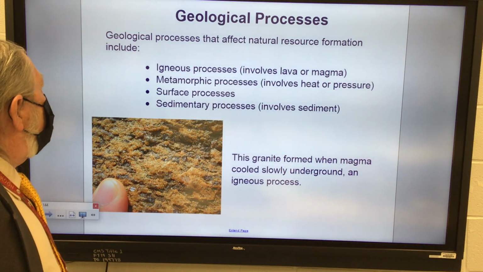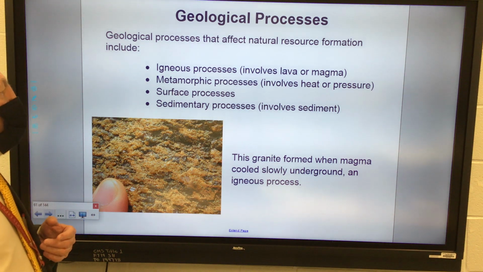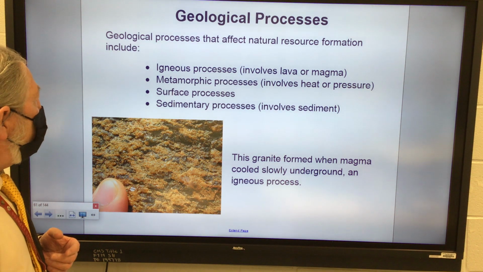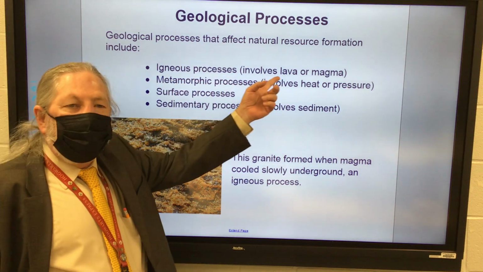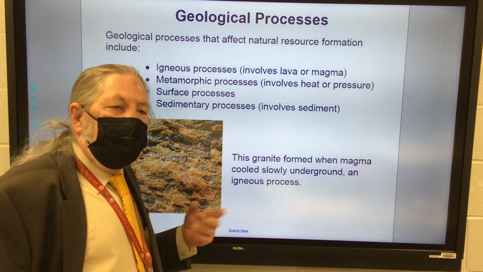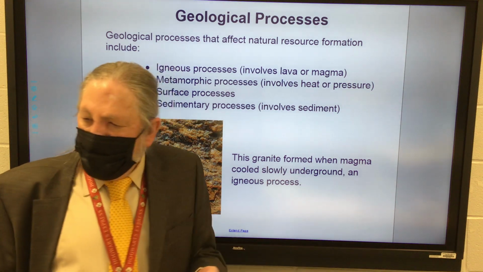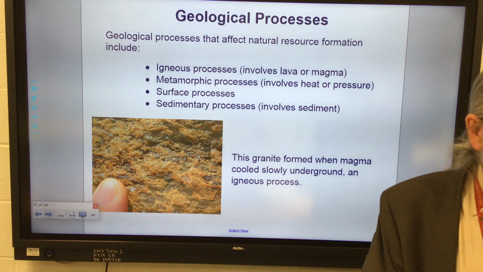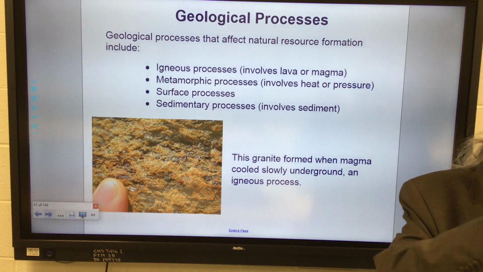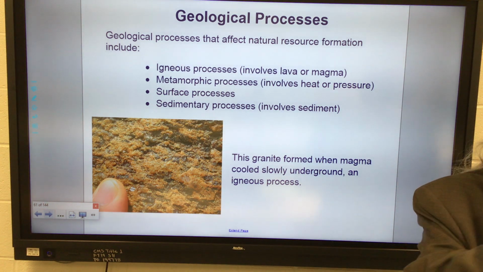Geological processes that affect natural resource formation include igneous processes, and that involves lava or magma, like igneous rocks. Bob here, my pet rock, Bob is igneous. And how do I know?